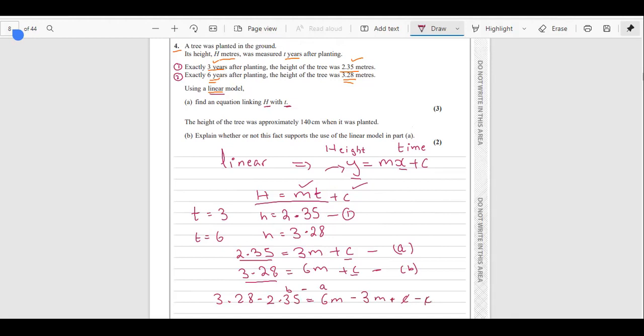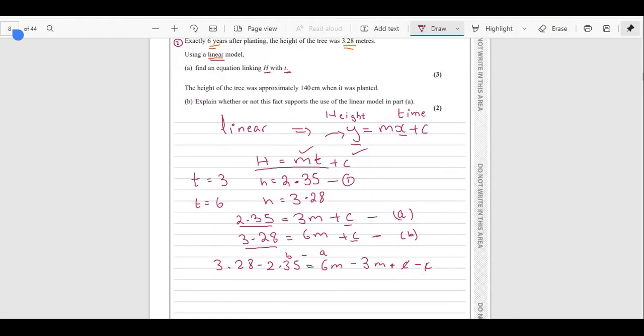And when we have 3.28 minus 2.35, what do we get? 0.93. Yeah, okay, fine. And this is 3m. And finally, m would be 0.31.